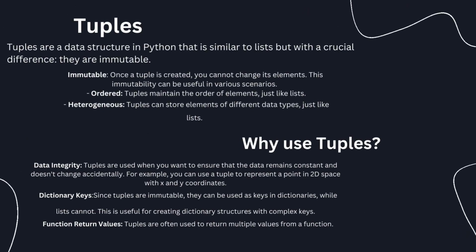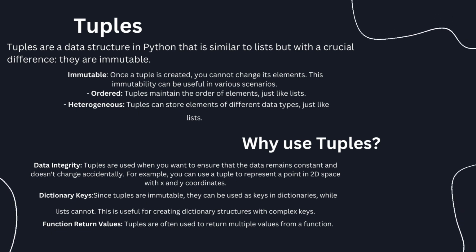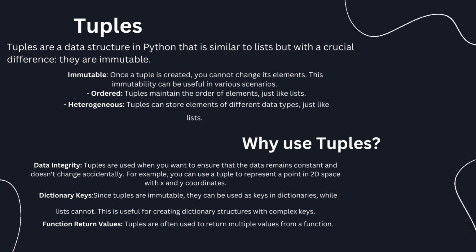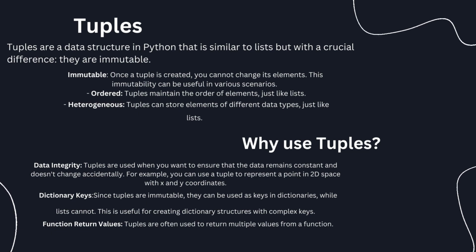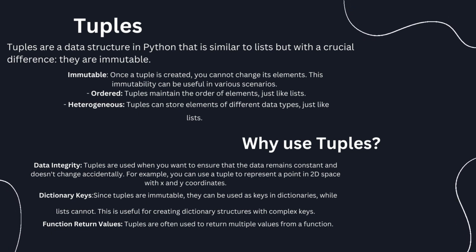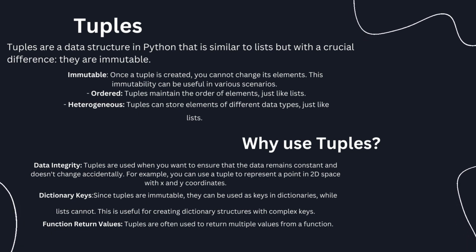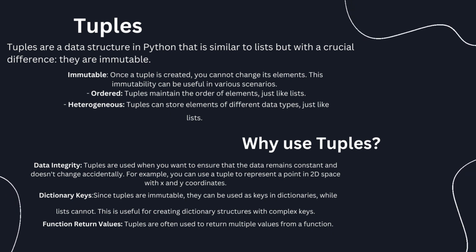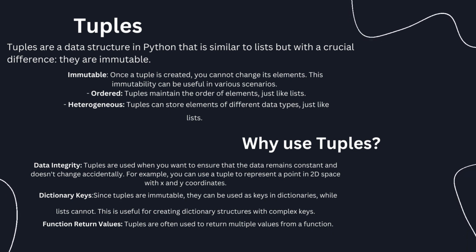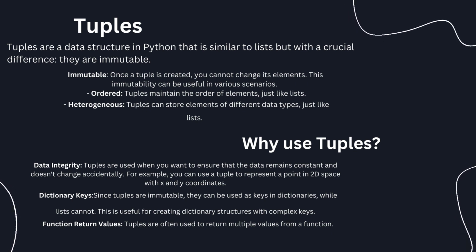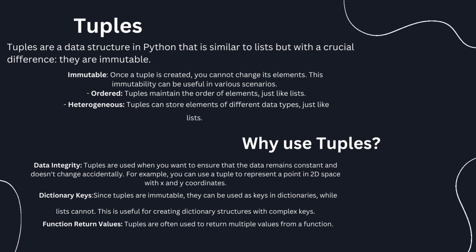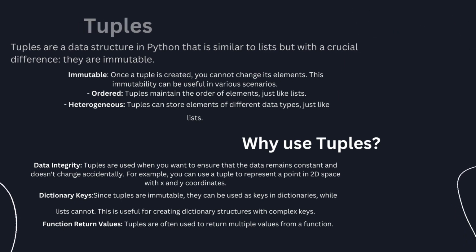Tuples are a data structure in Python that is similar to lists, but with a crucial difference: they're immutable. Immutable means once a tuple is created, you cannot change its elements. It can be useful in various scenarios. Tuples are ordered and heterogeneous. So why use tuples? We can use tuples for things like data integrity, dictionary keys, and function return values. And here's an example of using a tuple.